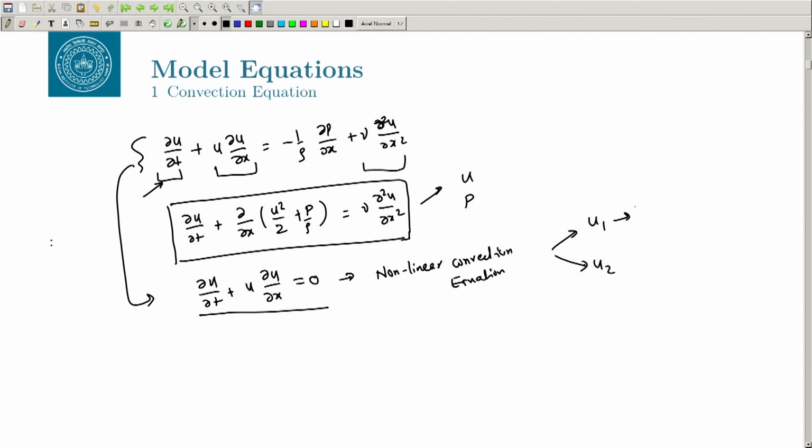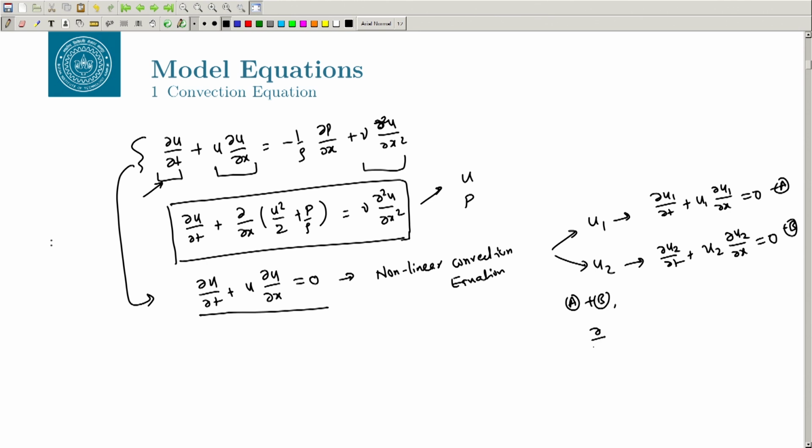So, let us say u 1 satisfies the equation: del u 1 by del t plus u 1 del u 1 by del x equal to 0, and del u 2 by del t plus u 2 del u 2 by del x equal to 0. These are the 2 solutions for this equation, and if you add them up, and that also satisfies this equation, then it is linear, otherwise it is a non-linear equation.